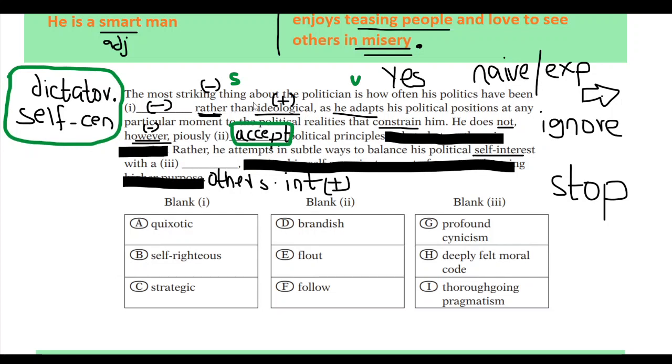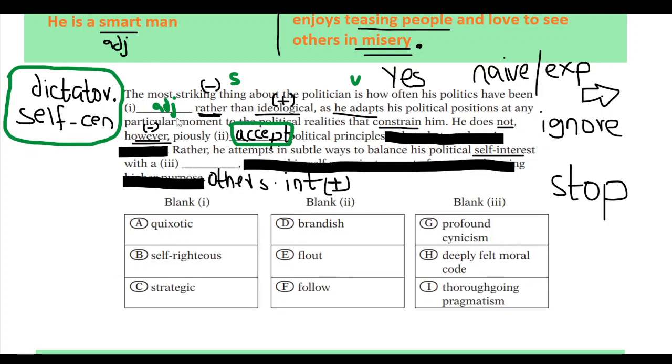The most striking thing about the politician is how often his politics have been dash rather than dash. So if I'm only using my structural analysis ability, I do know that I'm talking about a state because thing is something. So it's gonna be some adjective over here, right? Just using my essay ability, rather than ideological.